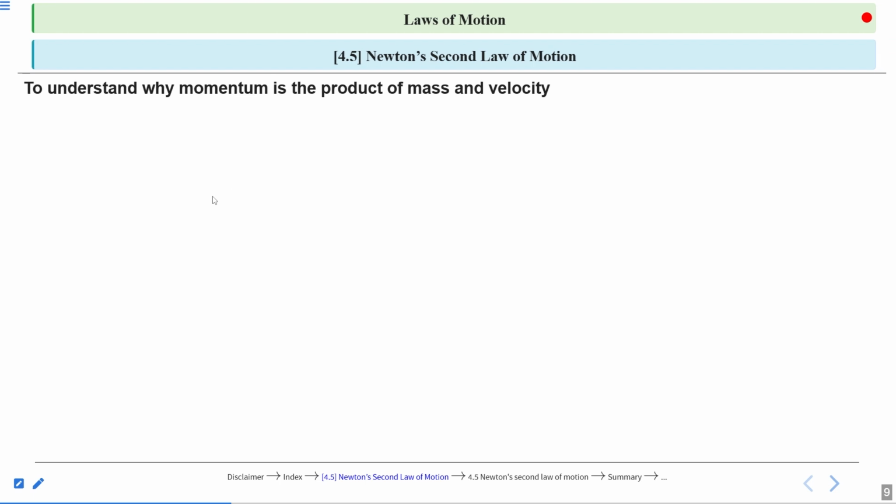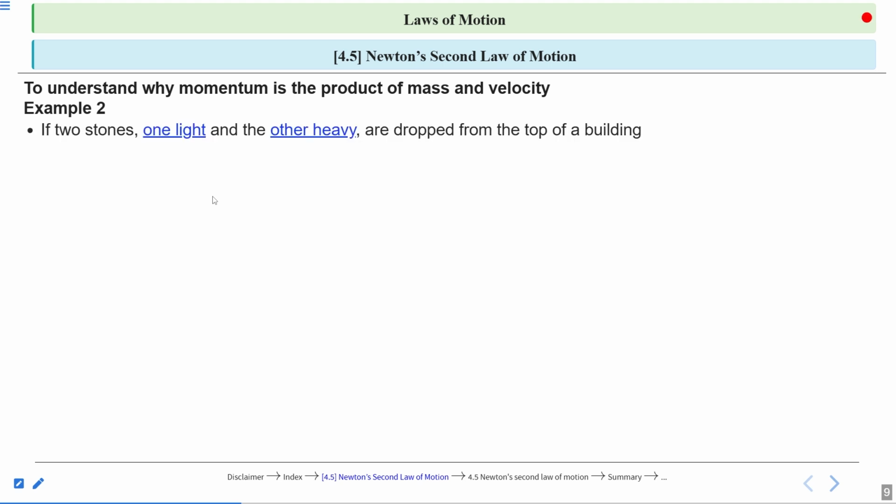To understand why momentum is the product of mass and velocity. Example 2. If two stones, one light and the other heavy, are dropped from the top of a building, we have two stones, one is a light stone, the second is a heavy stone.